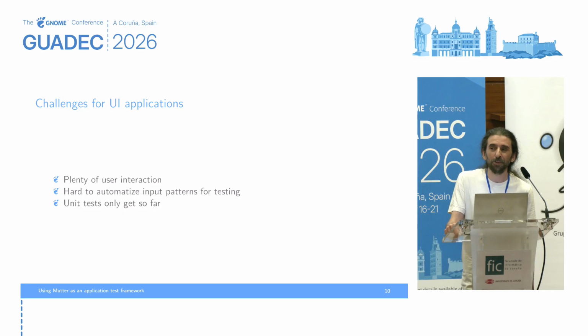I checked out of curiosity Nautilus, and it's also around 50, which is already pretty good for an application, but it shows that the unit tests only get you so far, because you have so much else to test other than the inner components that you can test individually. There should be ideally something that allows you to test something globally.